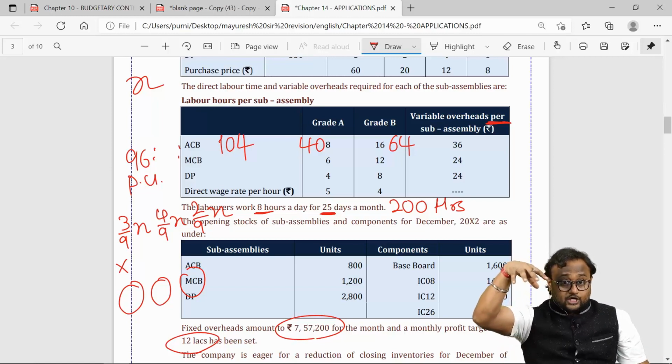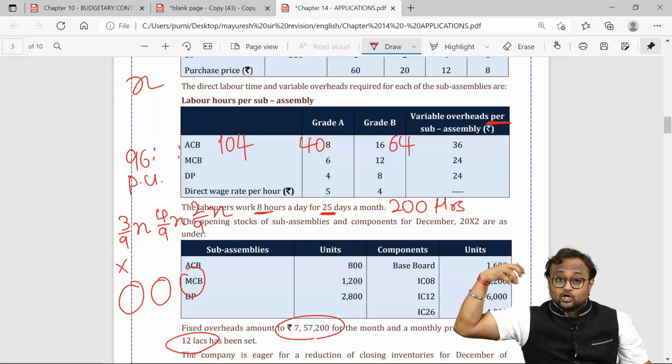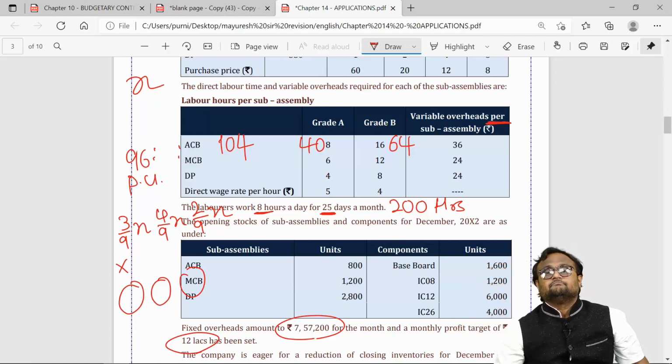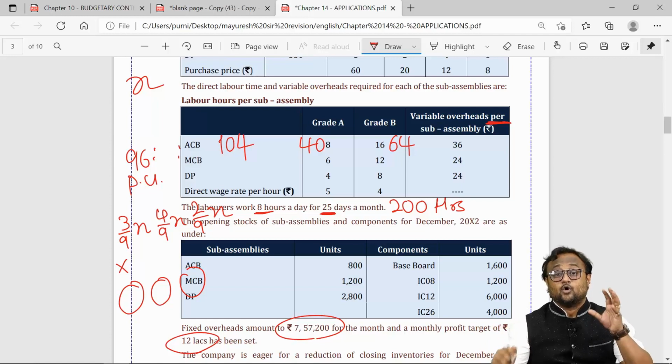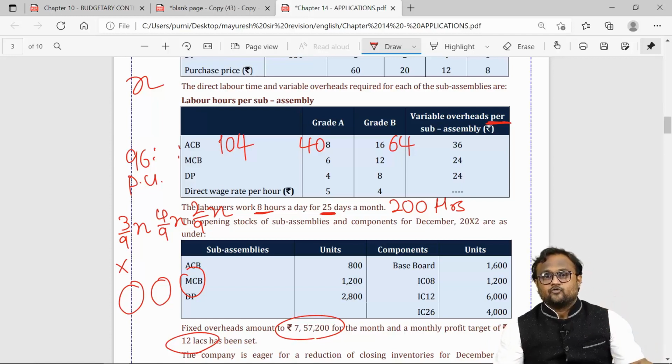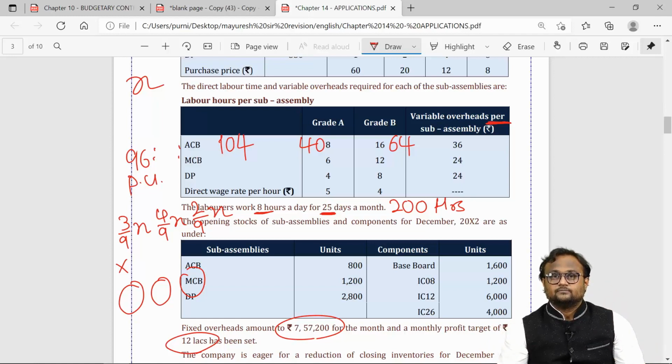I assume total quantity to be X, and ratio 3:4:2 is to be applied on X. So 3 upon 9X, 4 upon 9X and 2 upon 9X will be the quantity. Multiplied by contribution per unit of three products will give you total contribution.